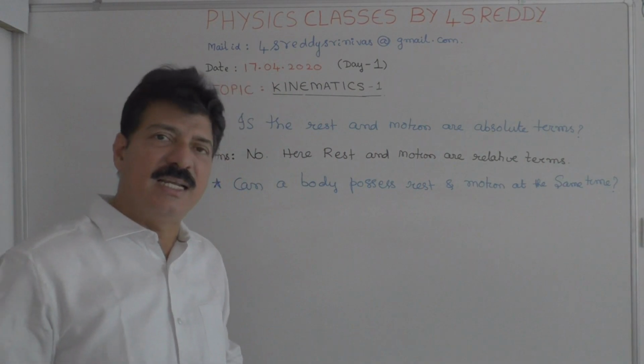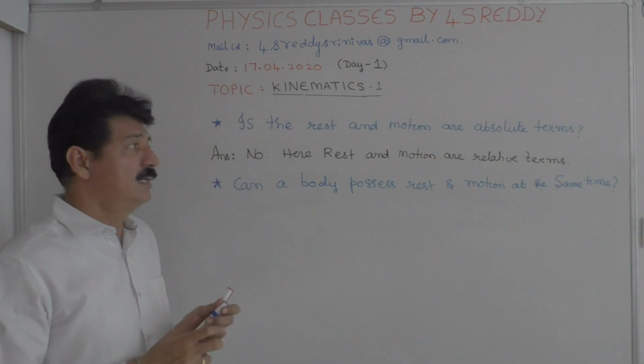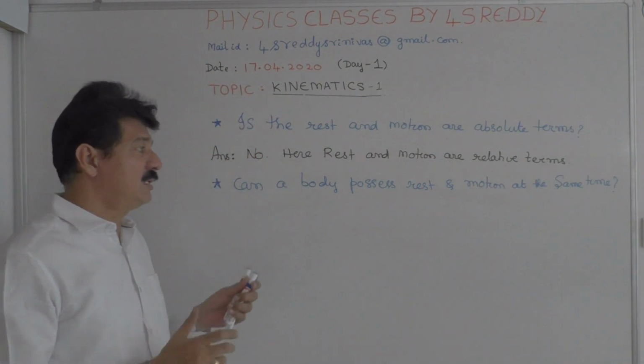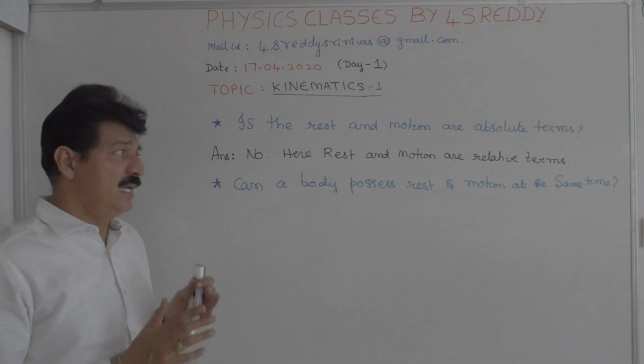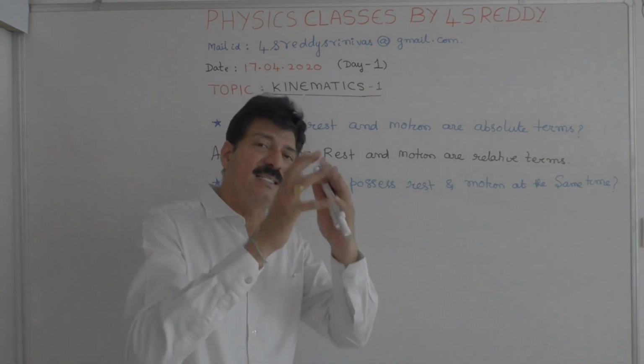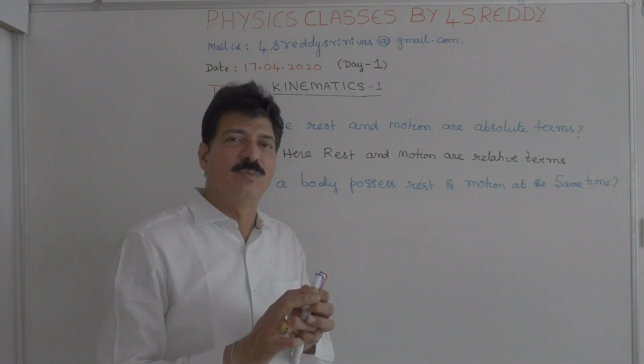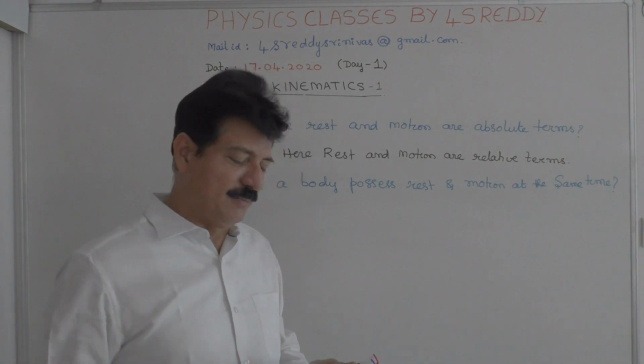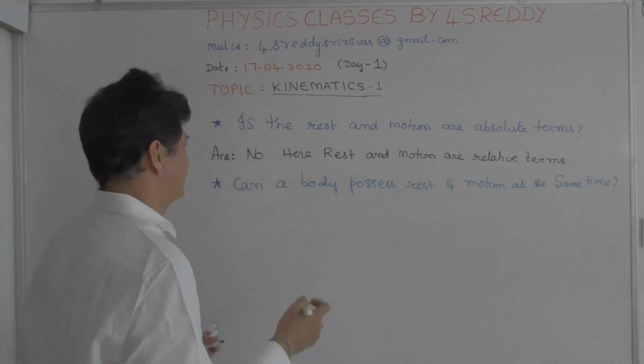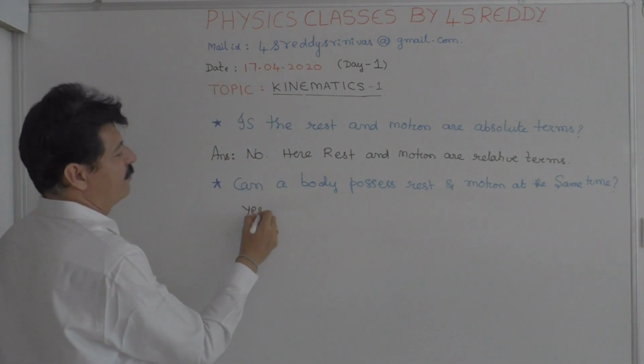Already we said that rest and motion are relative terms. Now, can a body possess rest and motion at the same time? Is it possible that both will exist simultaneously? The answer is yes. But how?